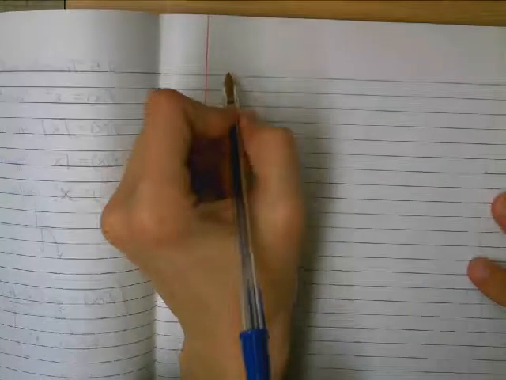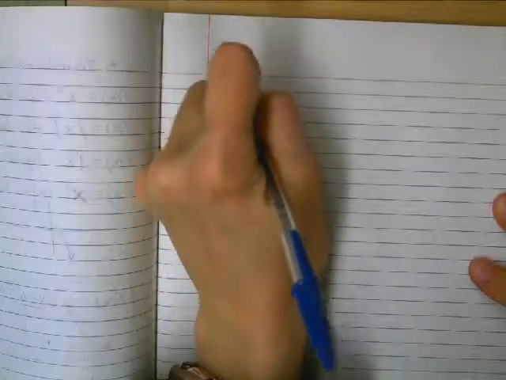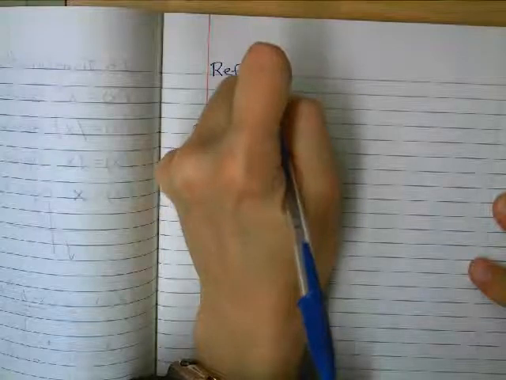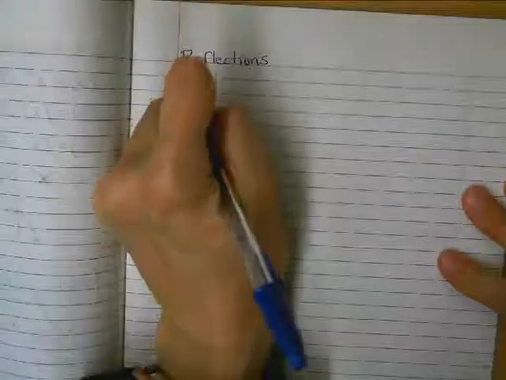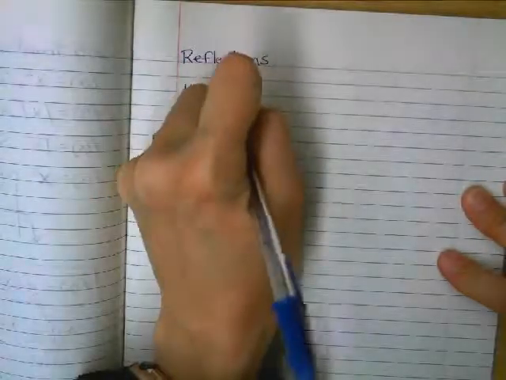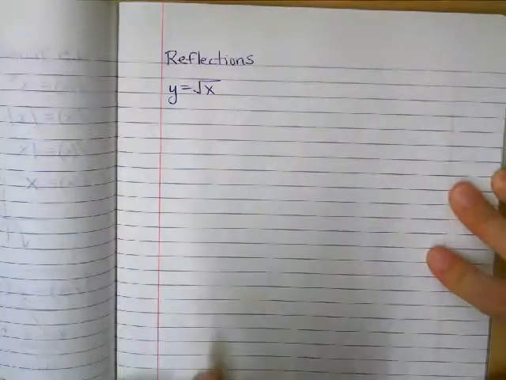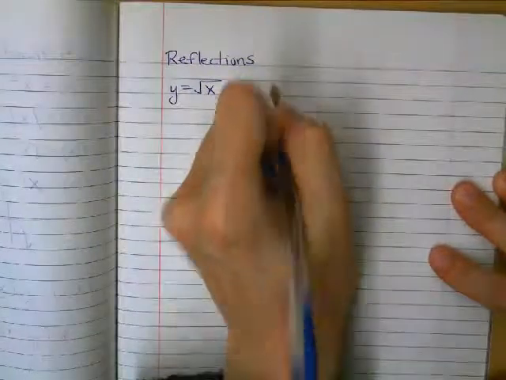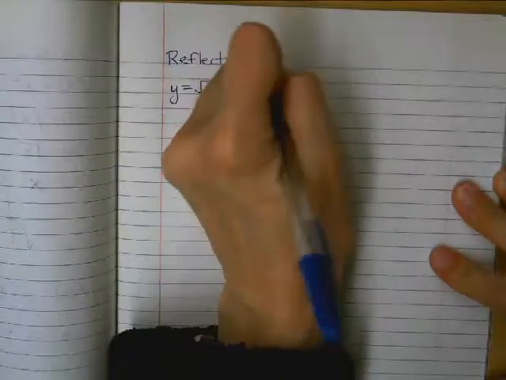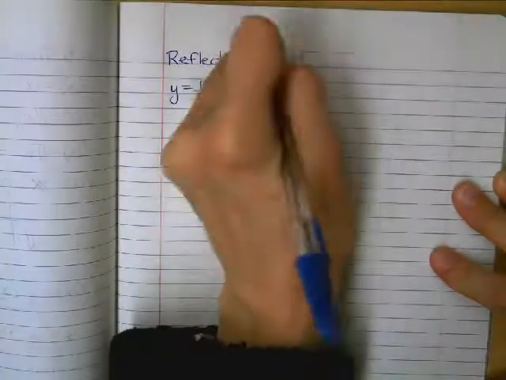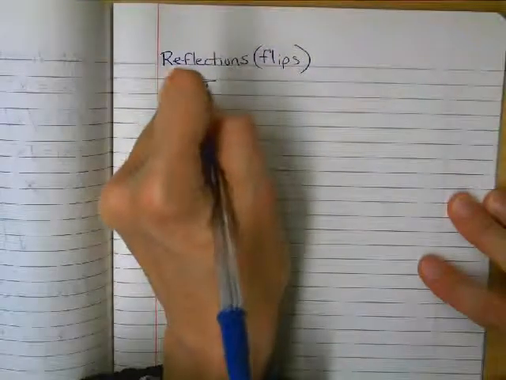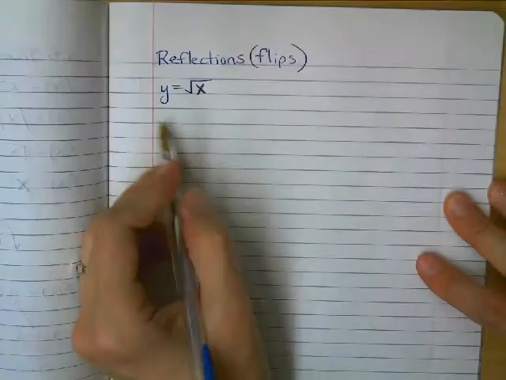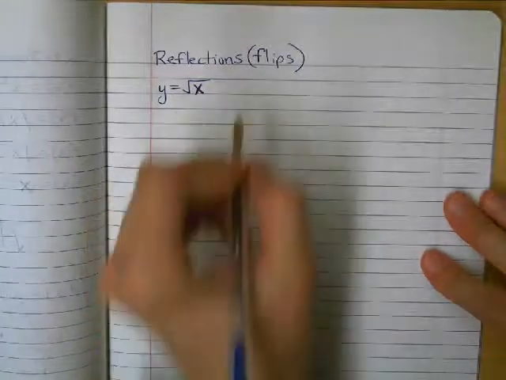Okay, let me go to, I'll write down reflections next. Okay, reflections. There can be different kinds of reflections. A reflection is when a graph flips. I'll do an example with a square root graph, like y equals square root of x.